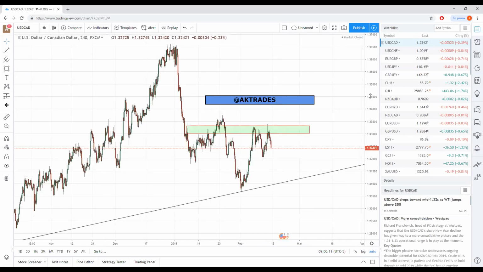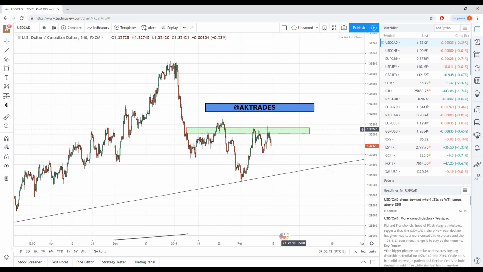How would we approach this trade? Well, the more risky trader will enter with a stop loss and try to at least go to this bullish trend line around 1.31.